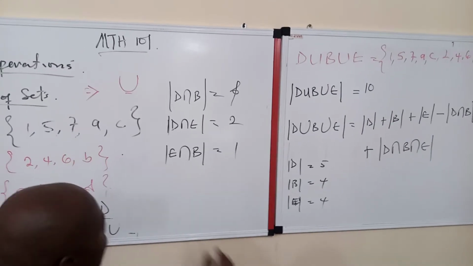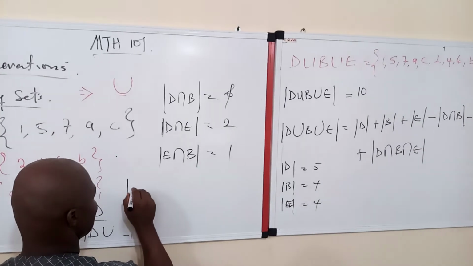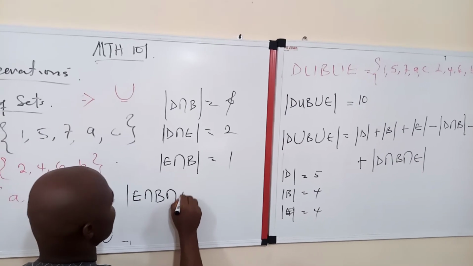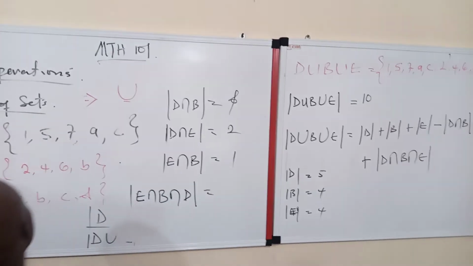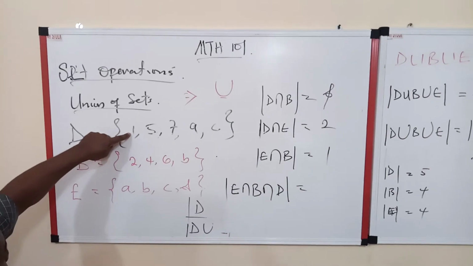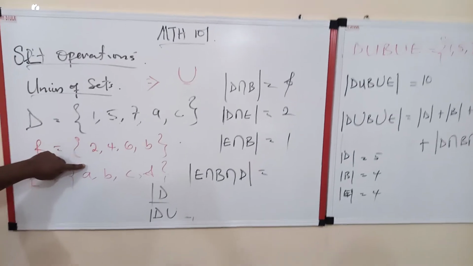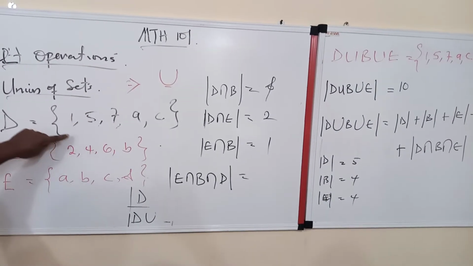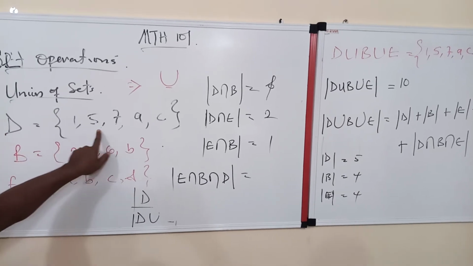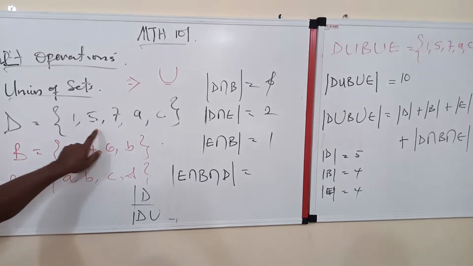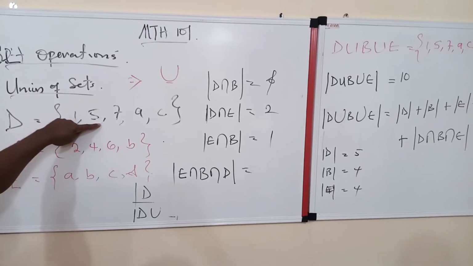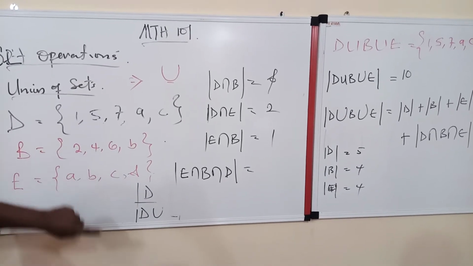Now, lastly, we have the intersection of the three, D, B and E. The numerical numbers here are not the same as the numerical here, and in this one we don't have numerical numbers.